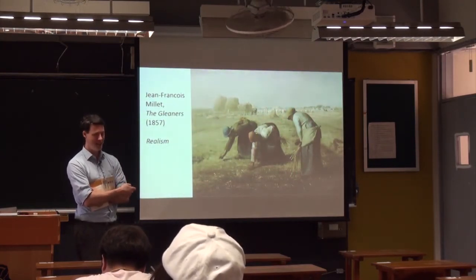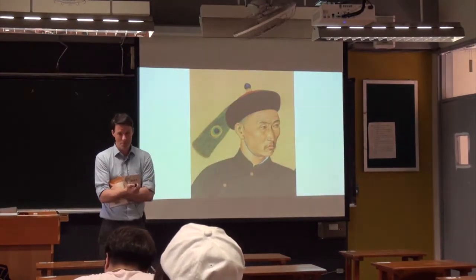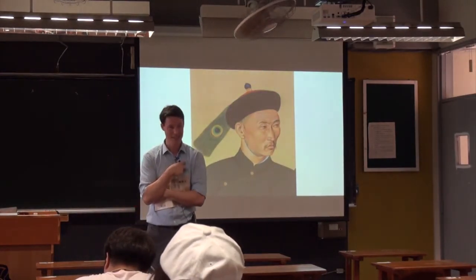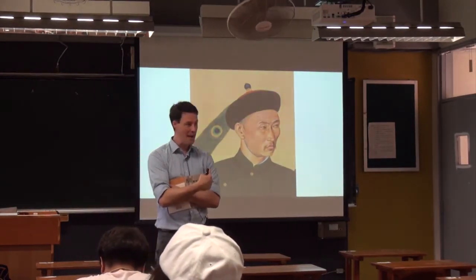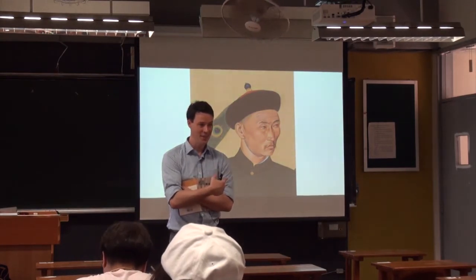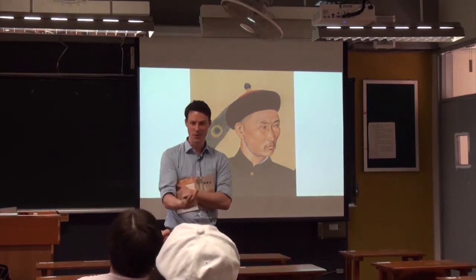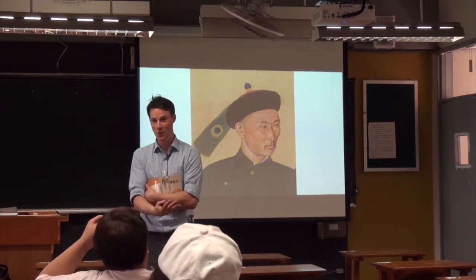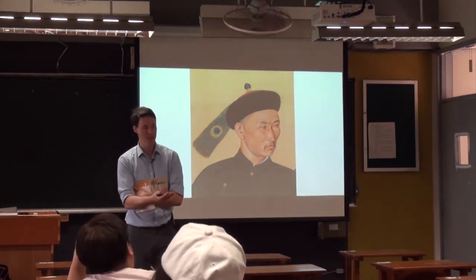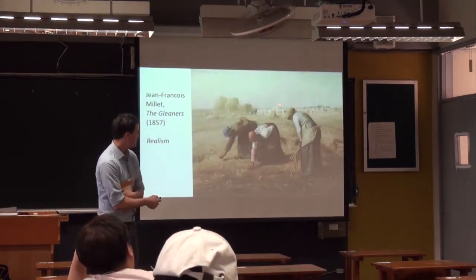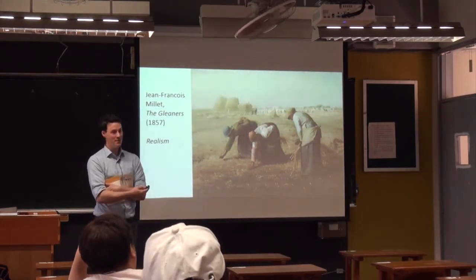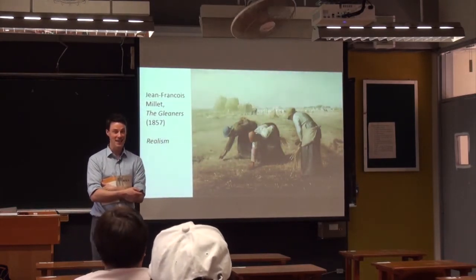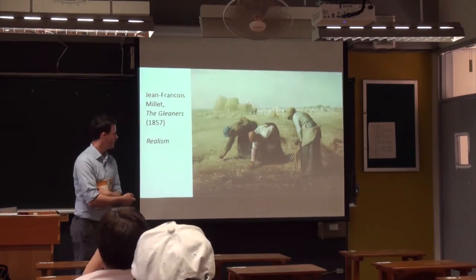What's the difference? One of the main differences that I notice is this has no background, right? Where's the background? It's just a golden background, that's it. This one has a very realistic landscape background, okay?